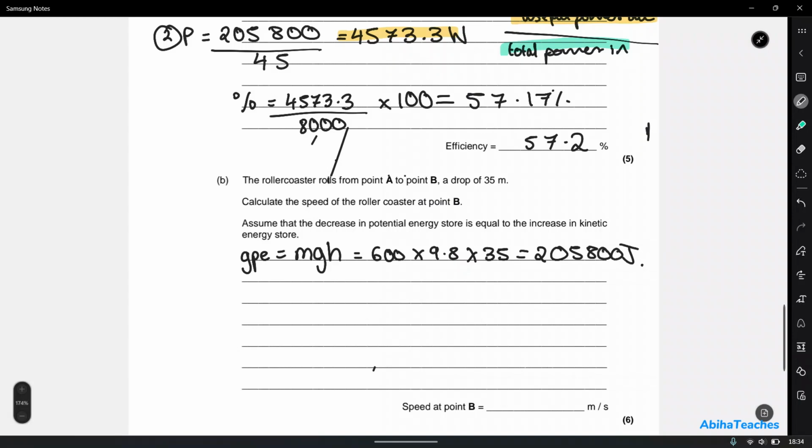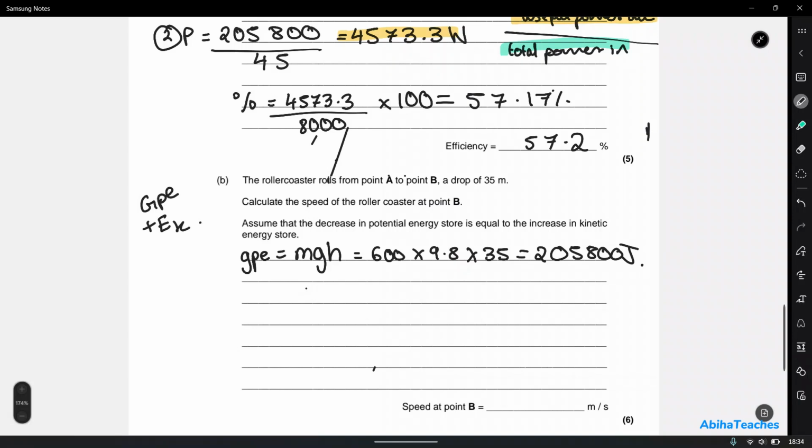205,800 joules. Now, according to the law of conservation of energy, in a closed system, no energy can enter or leave. The total energy is consistent. Therefore, this means that the total energy is equal to GPE, the gravitational potential energy, plus the kinetic energy.